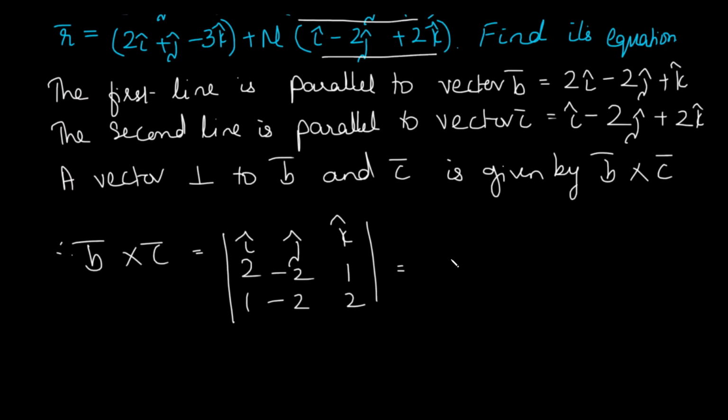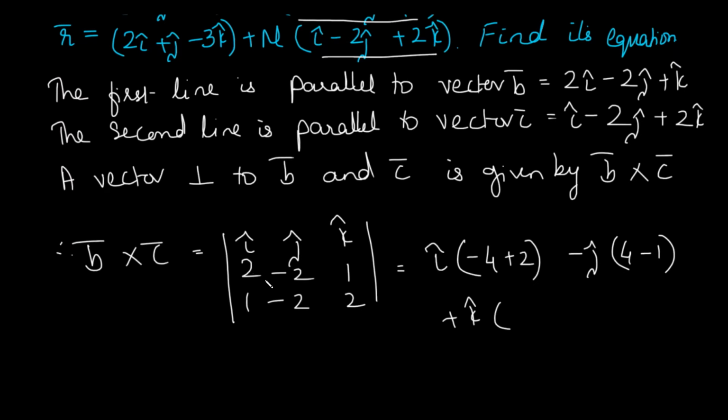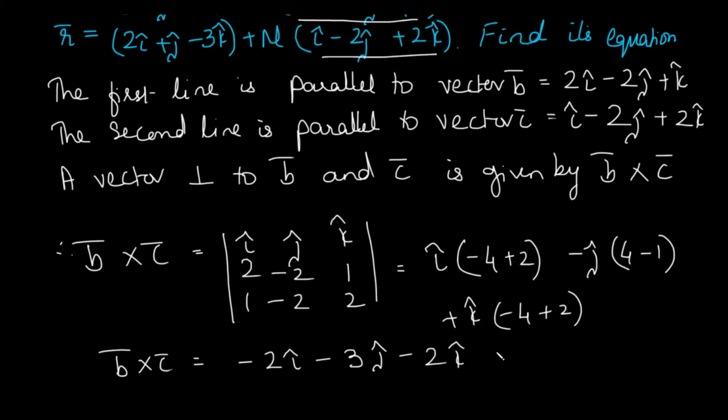Solving, we get i into (-4 + 2), minus j into (4 - 1), plus k into (-4 + 2). Thus we get the answer for B cross C as -2i - 3j - 2k.